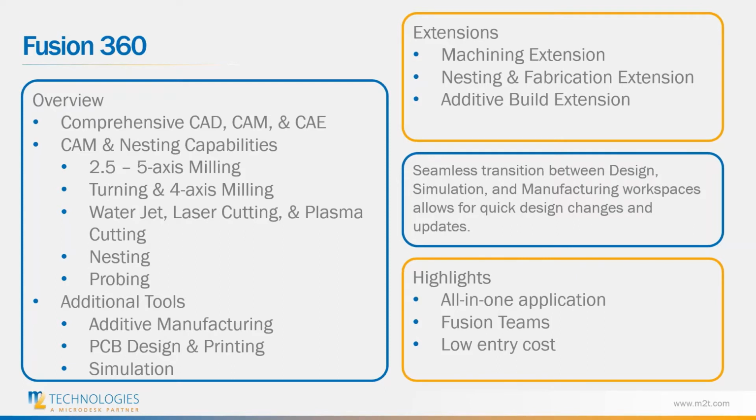With the extension, it also has the ability to do nesting, which can then be directly used within its cutting operations, such as the water jet, laser, and plasma, or be exported for other software. And lastly, it has probing capabilities to program the probing along with your milling operations.